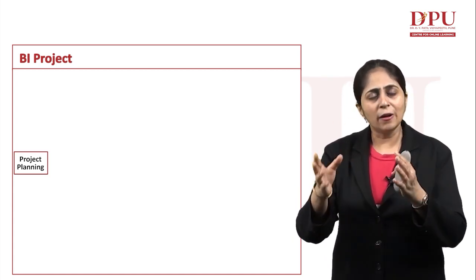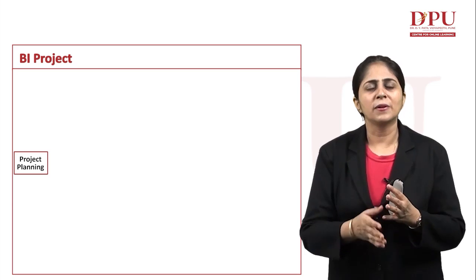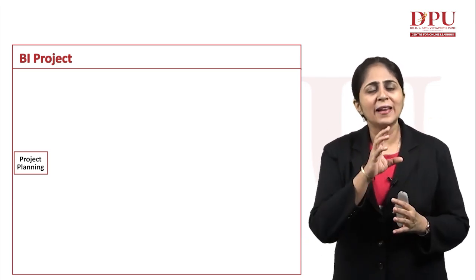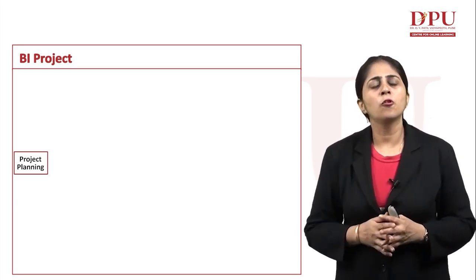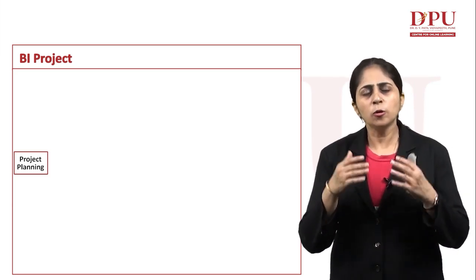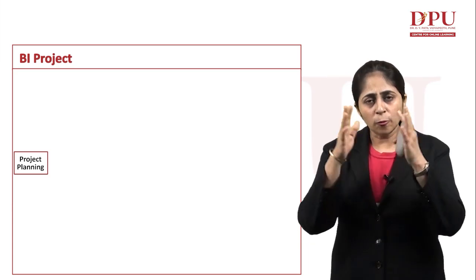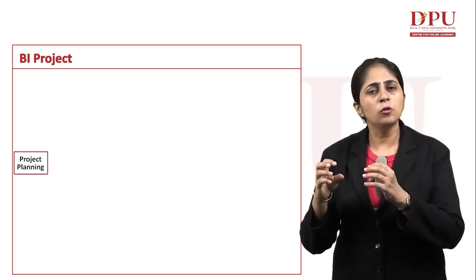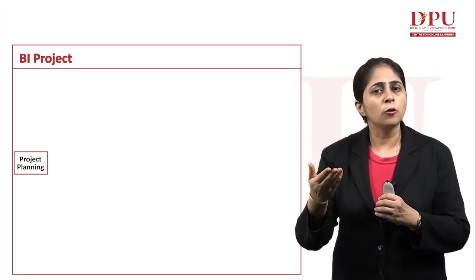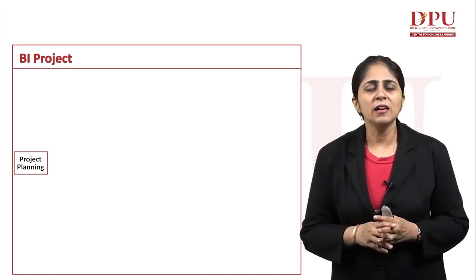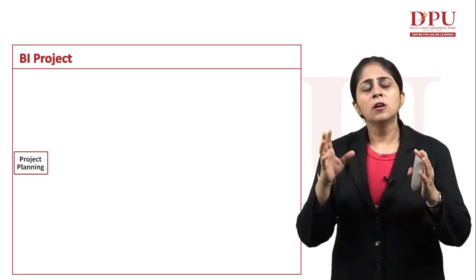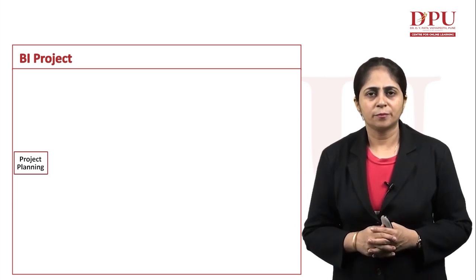How can we adjust the finances of the company? The planning phase is the first and foremost thing required to build any kind of project. The very first thing is you have to plan. What all do you require? What do you want to achieve? So the very first thing of a BI project is also project planning.